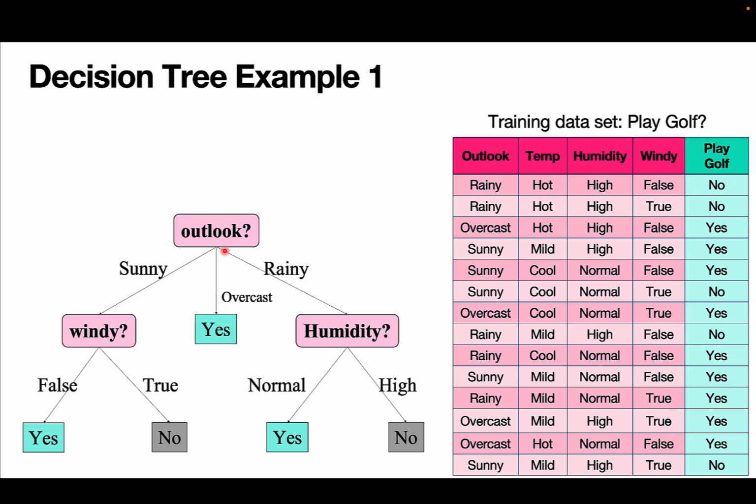It looks like every time the outlook is overcast, the label is yes. But if the outlook is rainy, then it's going to depend on the humidity. When the humidity is normal, the class label is yes, but when the humidity is high, the class label is no.